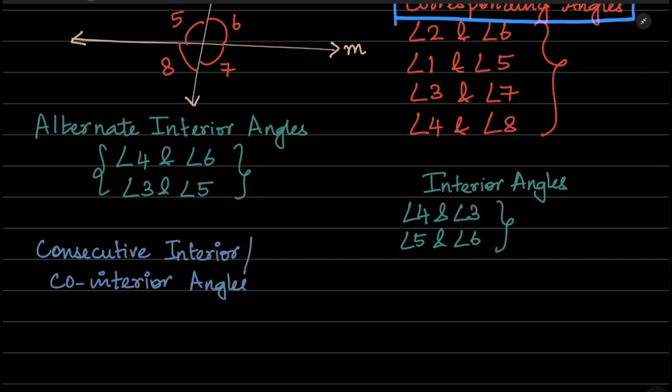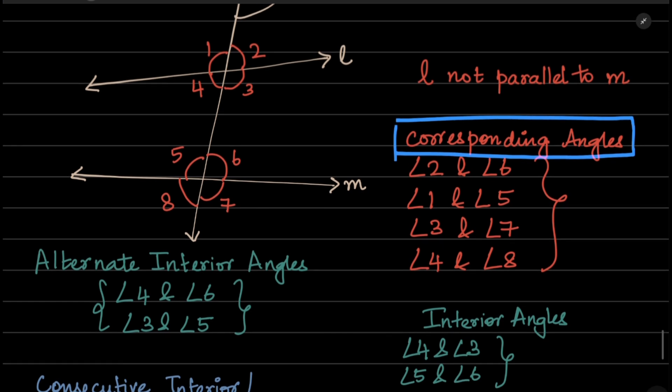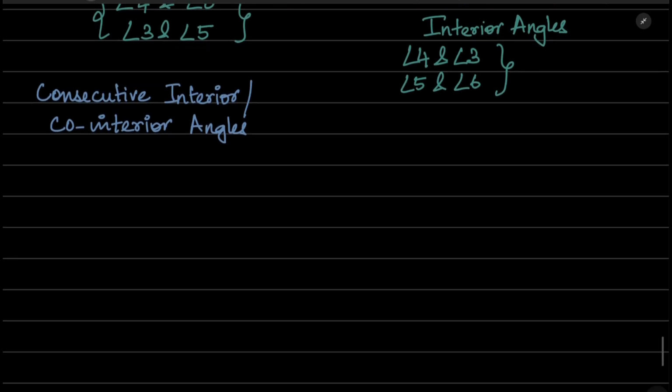Can you look at the figure again and tell me? 4 and 5, 3 and 6. These are co-interior angles. Let me write it here: angle 4 and angle 5, and angle 3 and angle 6 are called co-interior angles.